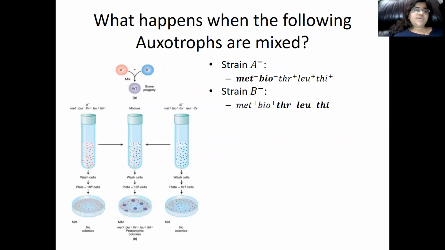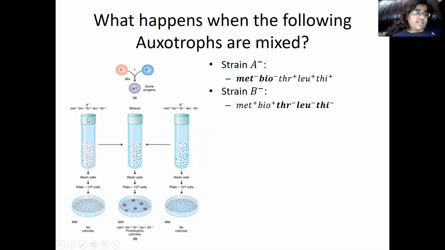Okay, so we talked about different types of auxotrophs, but we never went into what happens when these auxotrophs mix with each other, right? To understand this further, they took strain A, which requires methionine and biotin as a supplement on the plate.